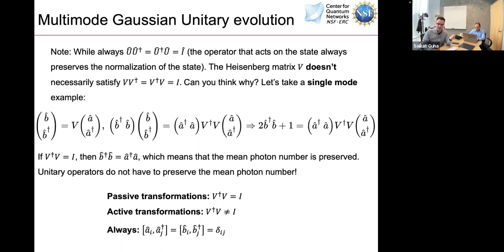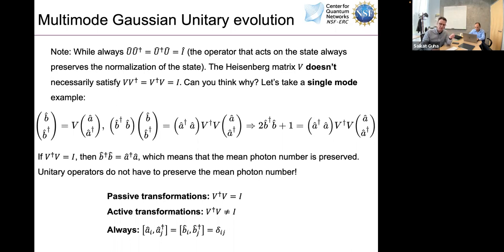In the Schrödinger picture, when I transform a state with some operator U, U must be unitary, which means I preserve the normalization of the state. I preserve the norm of the state, I preserve a probability, if you like. The Heisenberg matrix V doesn't have to be unitary.